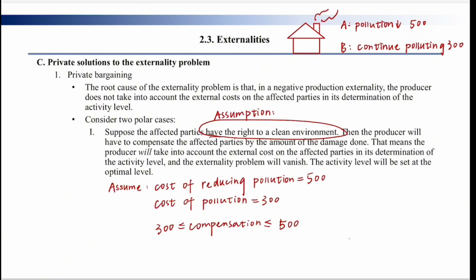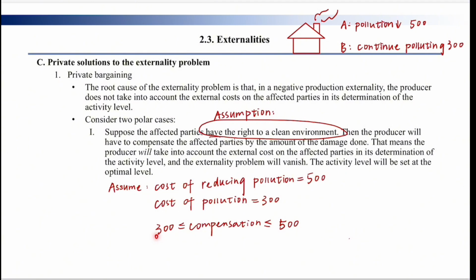So it also has another option, that is to continue polluting. But this pollution will cause a loss of 300 Hong Kong dollars to others. That means others may need to spend 300 Hong Kong dollars on treating their diseases, but if it continues to pollute, it needs to give some compensation to others so that they will keep quiet.